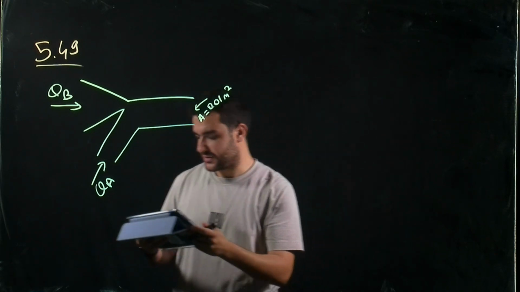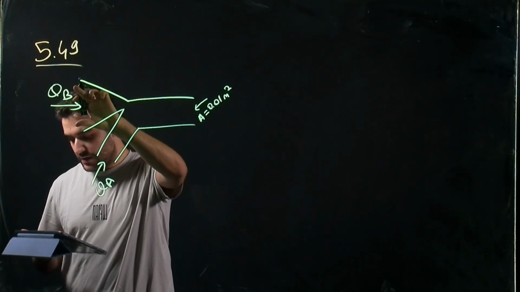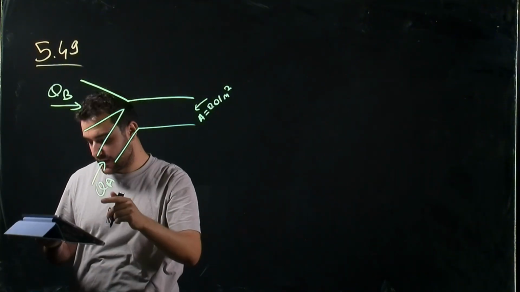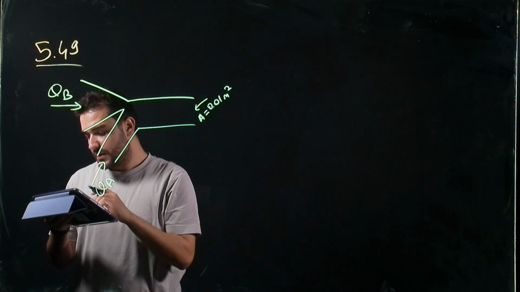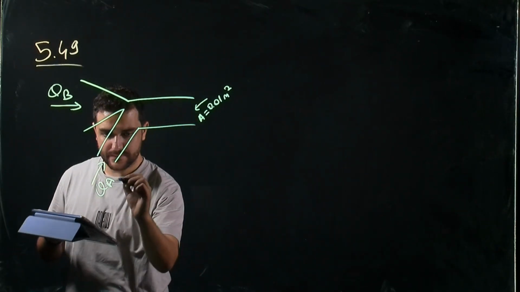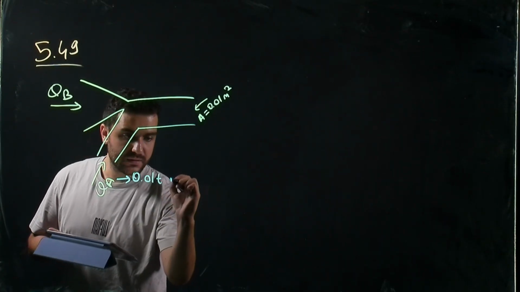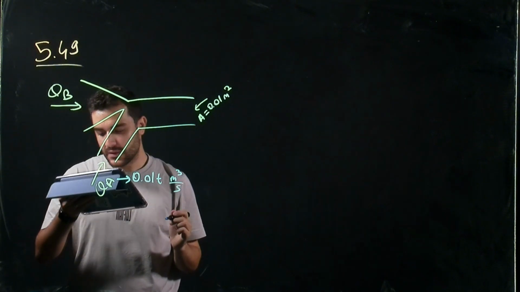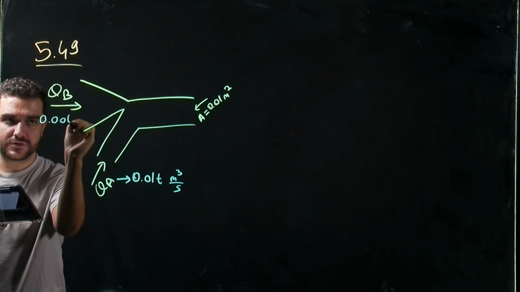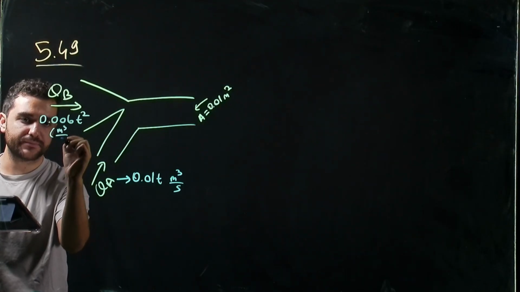Here we have two streams discharged into a pipe as shown. So we have stream 1 and stream 2, and they have flow rates of QB and QA. The flows are incompressible. The volume flow rate of stream A into the pipe is given as 0.01 t cubic meter per second, and the flow rate of B is 0.006 t squared cubic meter per second.